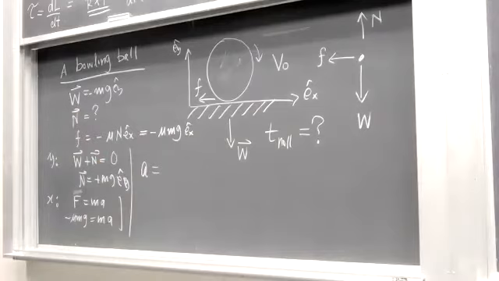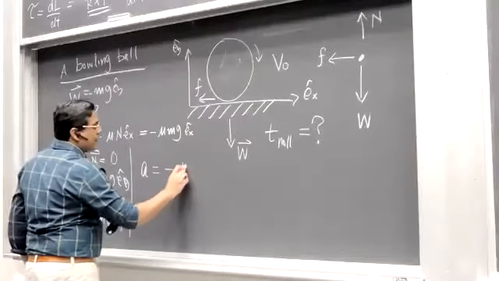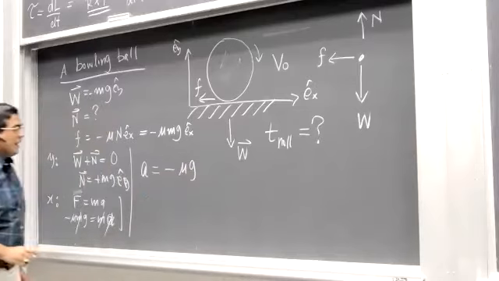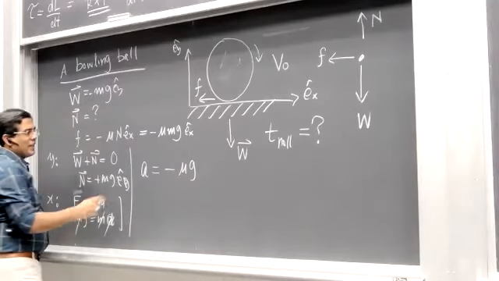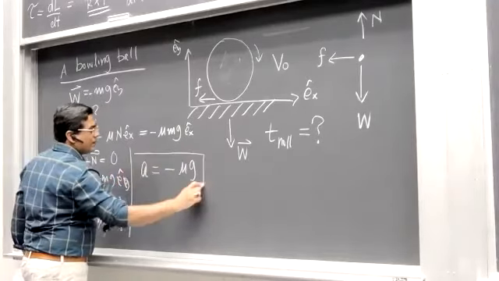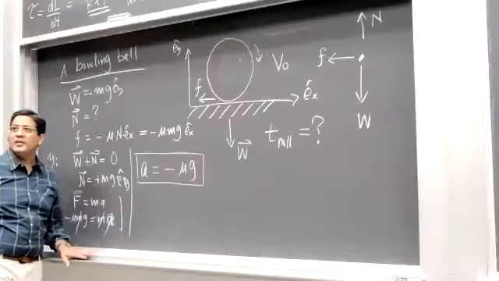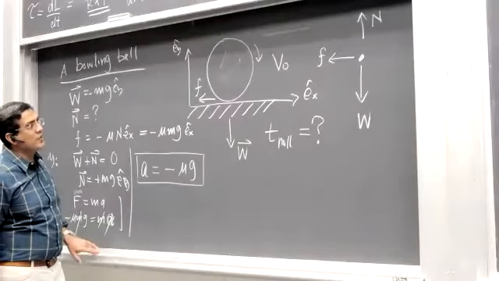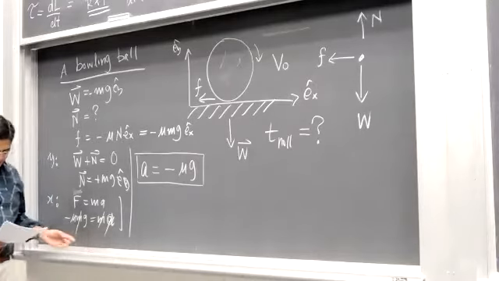Minus mu g आ जाएगी. A is equal to minus mu g. Do you get why A is negative? So it's a backwards net force, it is trying to basically stop the ball. The object is decelerating, that's why acceleration is negative.